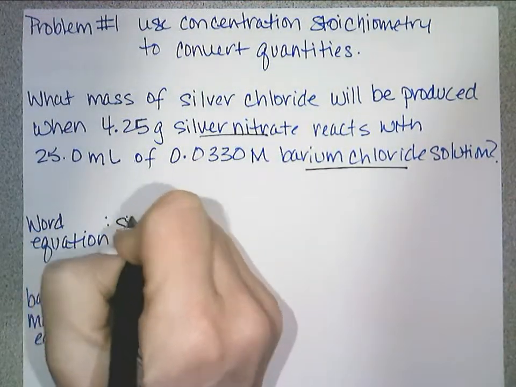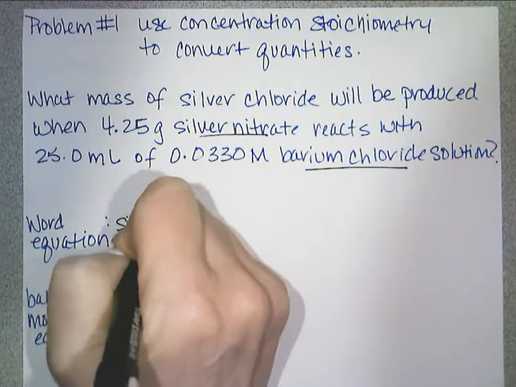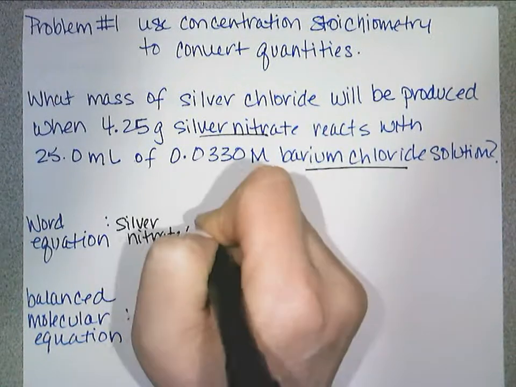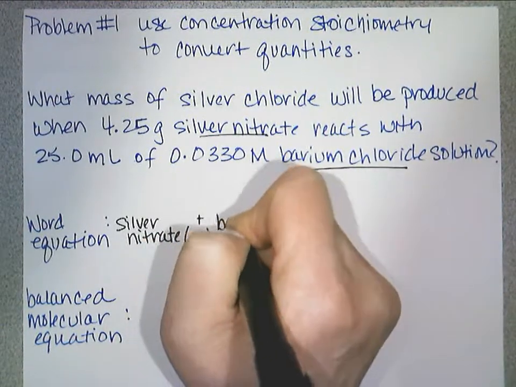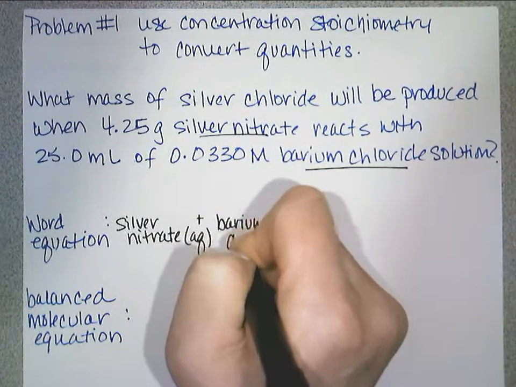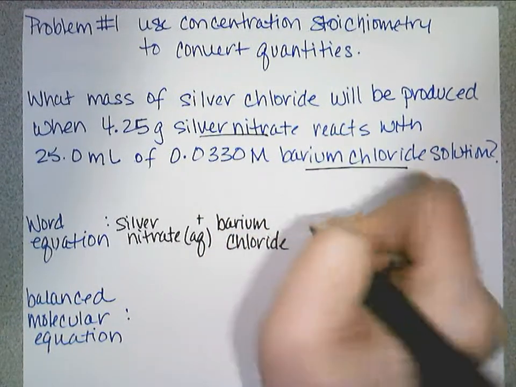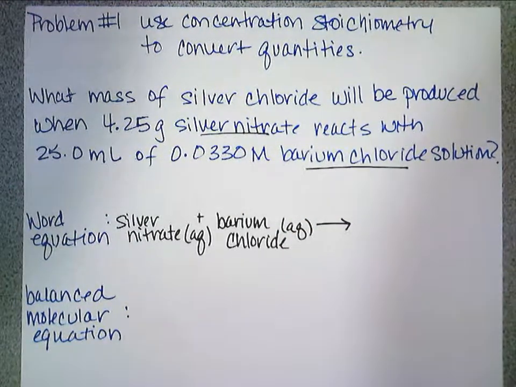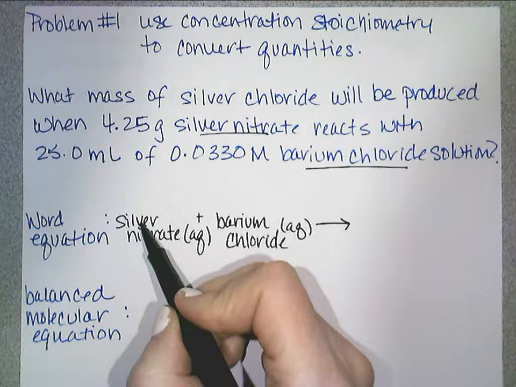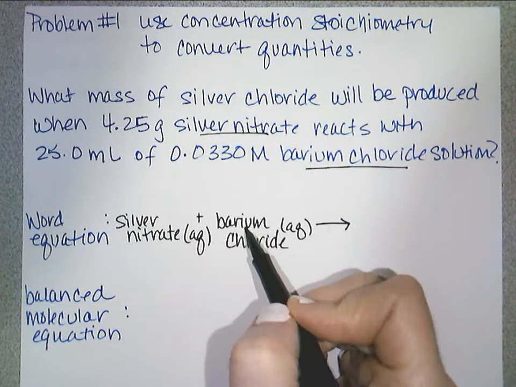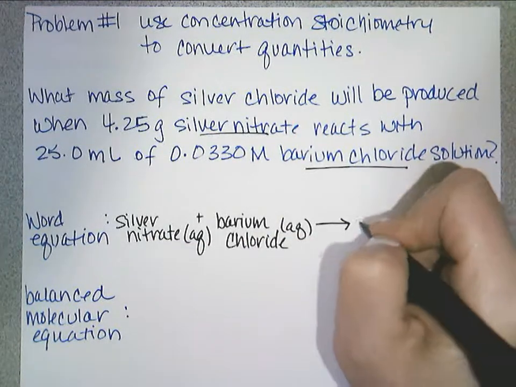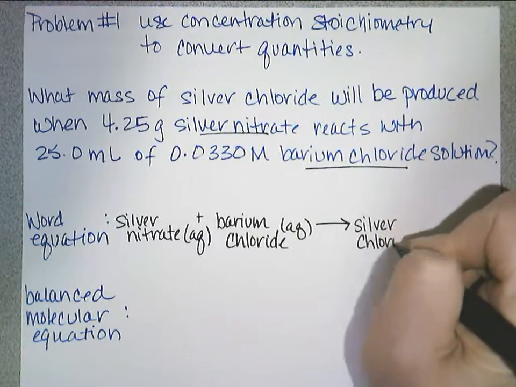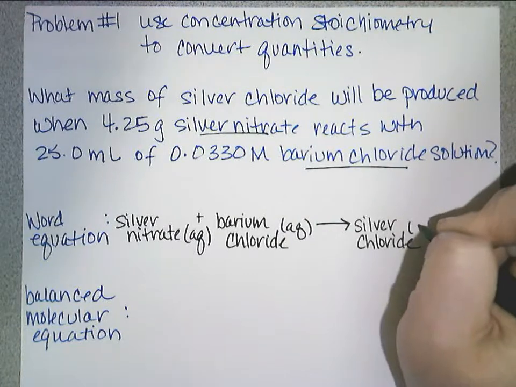Silver nitrate aqueous plus barium chloride aqueous yields, this is a double replacement reaction, so the cations switch places, so yields silver chloride solid.